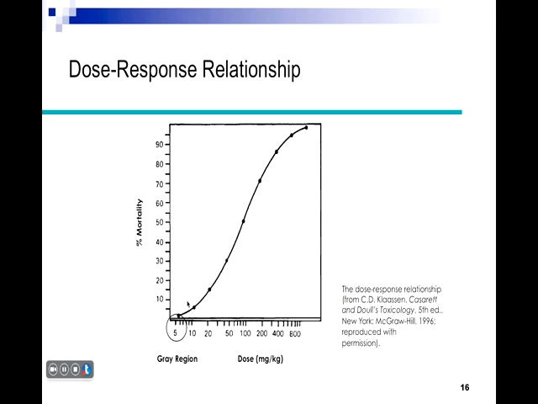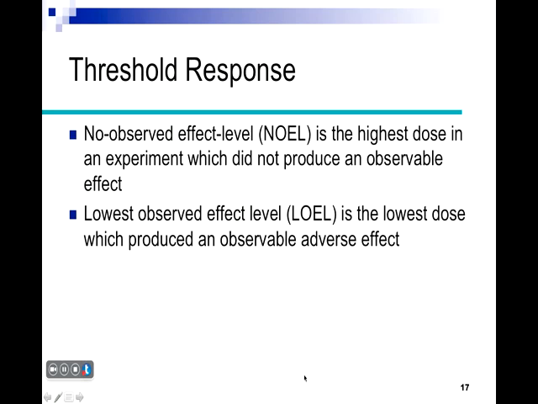Could be anything that you're measuring, and the higher the dose, the more you're going to see a response. And in addition to that, at the very low doses, you're going to see certain people that are very susceptible, and at the high doses, you're going to find people that are very resistant. But eventually, with most chemicals, everybody is going to be affected by it if the dose gets high enough. And again, this is a typical dose-response relationship.